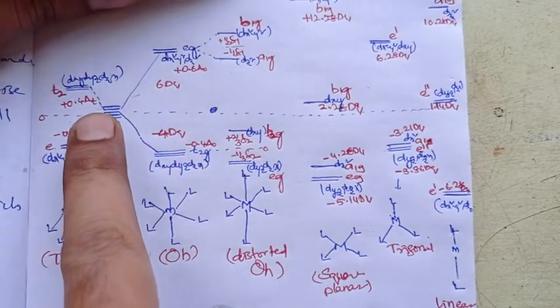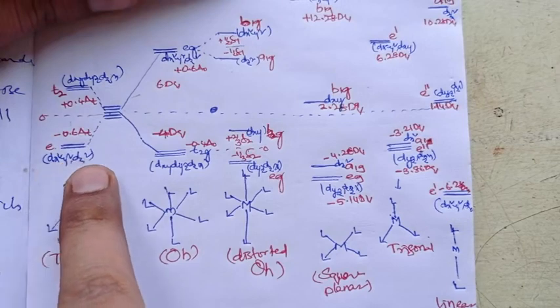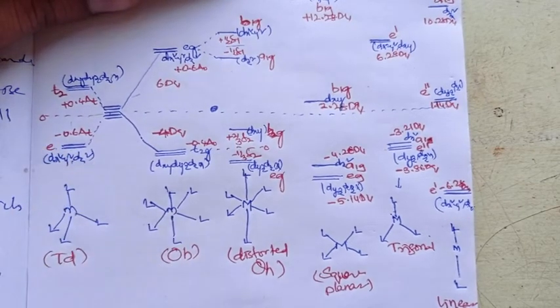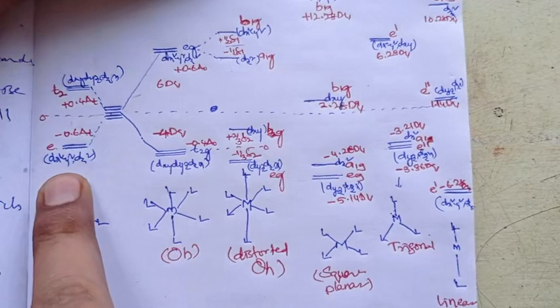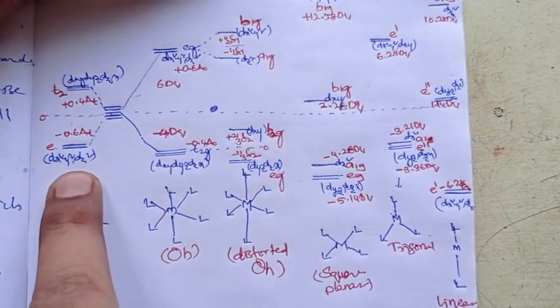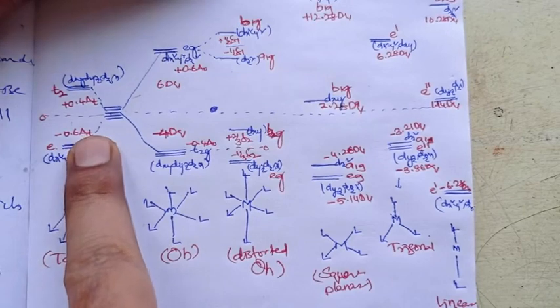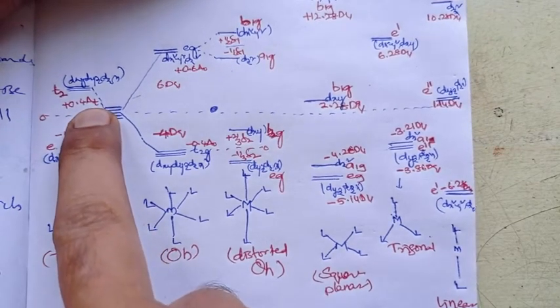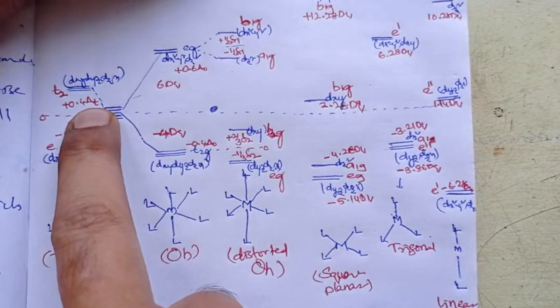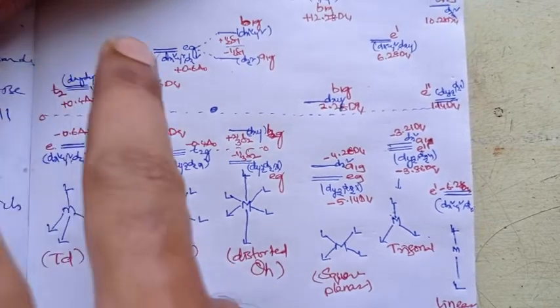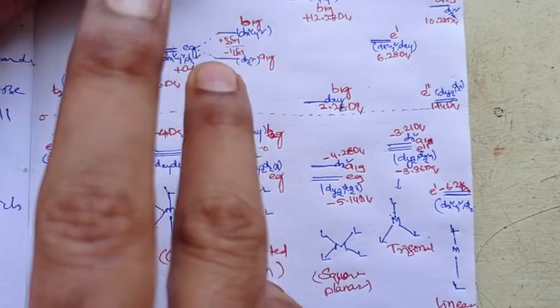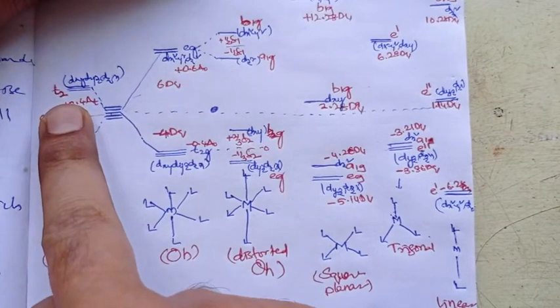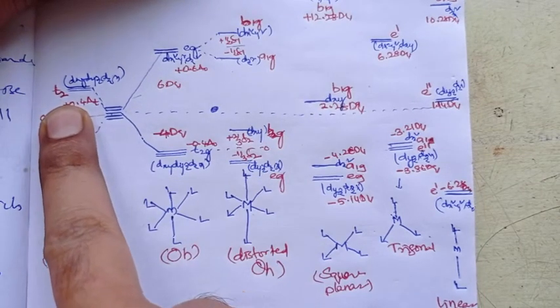The orbitals dx square minus y square and dz square lower their energy as they do not have any interaction with ligand sites. They reach minus 0.6 delta naught energy, whereas the non-axial orbitals dxy, dyz, dzx get slight sidewise interactions in tetrahedral complexes, get slight excitation, and generate a new energy state, T2.